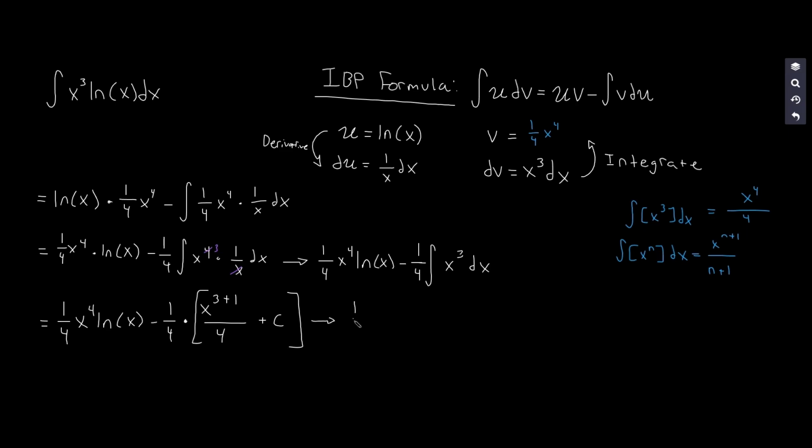Okay, so I'm going to hit this with a simplification. I'm going to get 1/4 times x raised to the power of 4 times the natural logarithm of x minus, well, this is going to turn into 1 over 4 times 1 over 4 times x raised to the fourth power plus c.